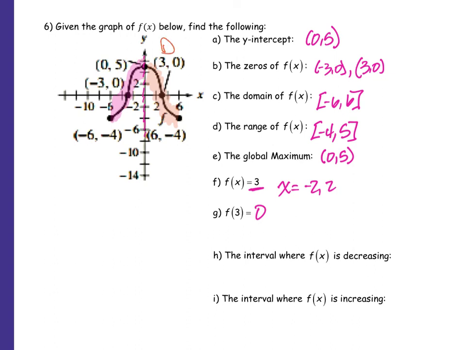This is decreasing, and this is increasing. So it asks for decreasing first. So that would be from 0 to 6. I'm going to just include both of them. And where's it increasing? From -6 to 0. Done. Questions?